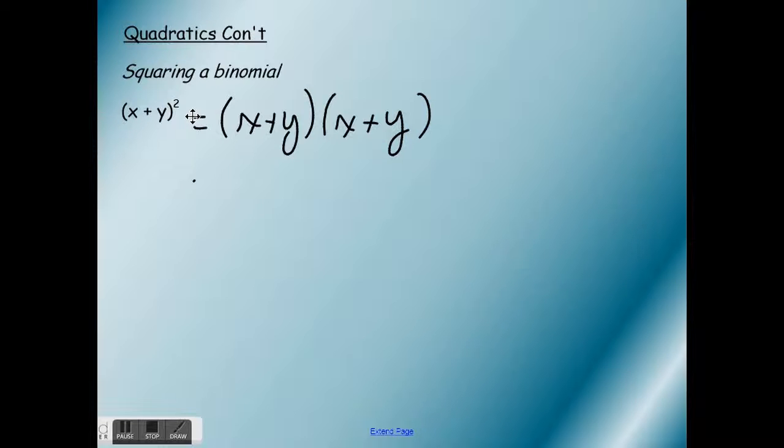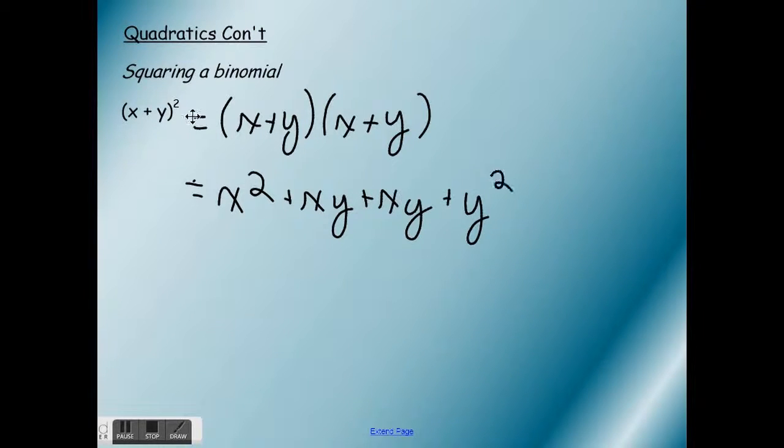So x times x is x squared, x times y is xy, then y times x is still xy, and then y times y is y squared. And then when we simplify this, we end up with x squared plus 2xy plus y squared.